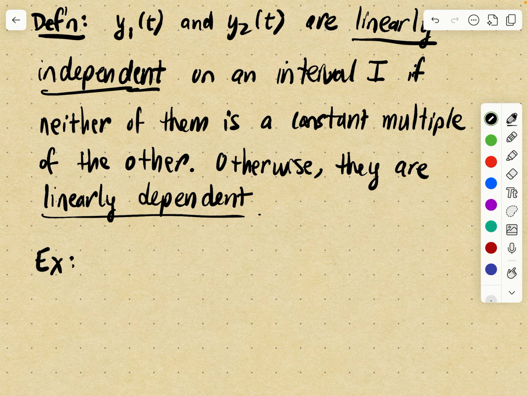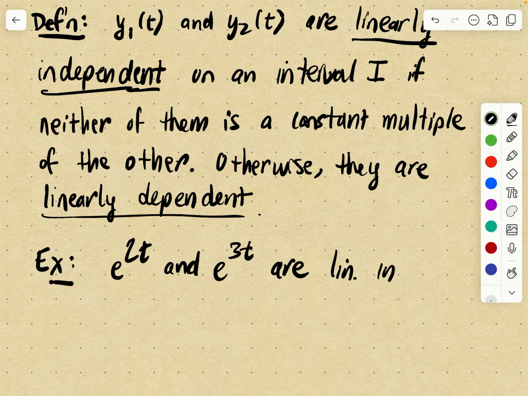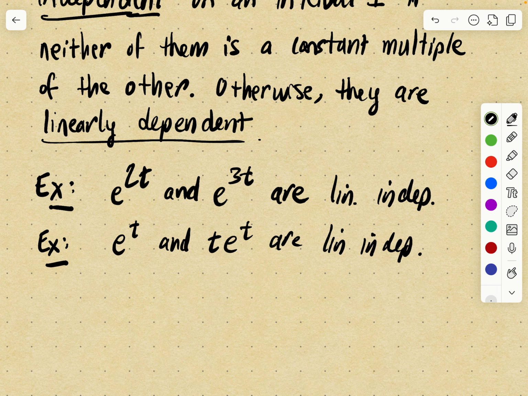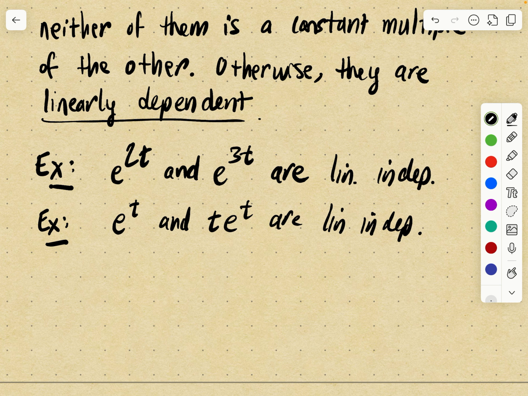So for example, if you have e to the 2t and e to the 3t, those functions are linearly independent. It's not like one is a multiple of the other. Another example is e to the t and t e to the t. These are linearly independent. Now t e to the t is e to the t times t, but it's not a constant times e to the t.